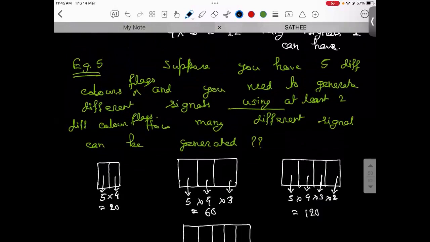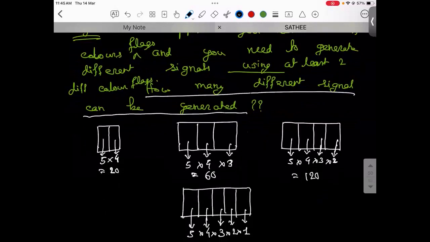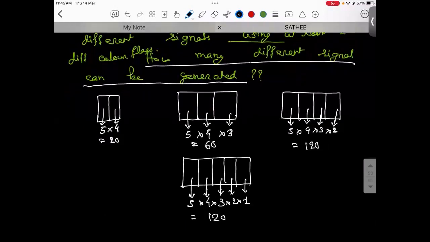So these are the different cases I can consider. Now the question is, how many different signals can I generate? Using 2 or 3 or 4 flags, depending upon the choice of number of flags, I can make 20, 60, 120 and 120 signals.